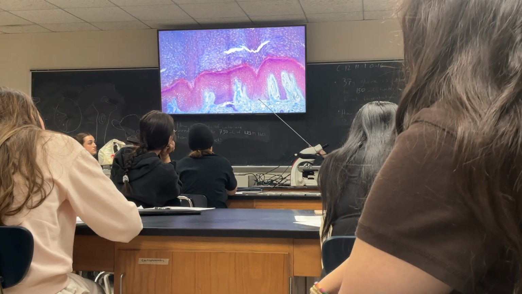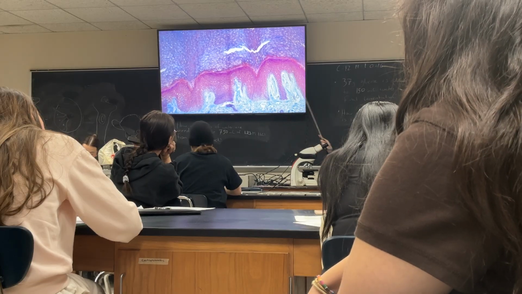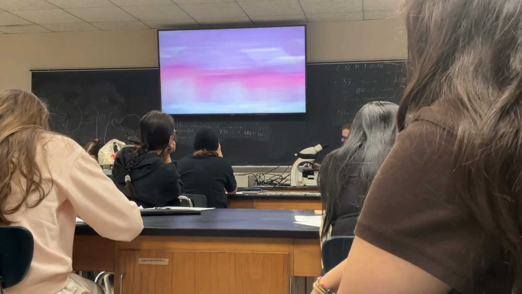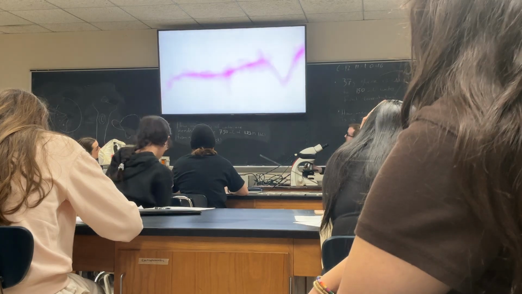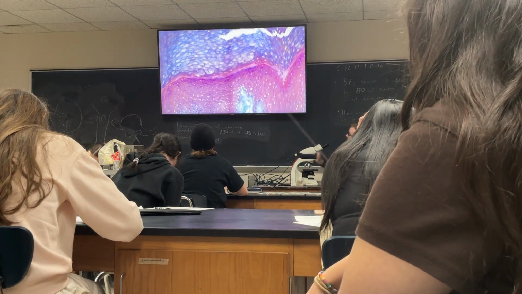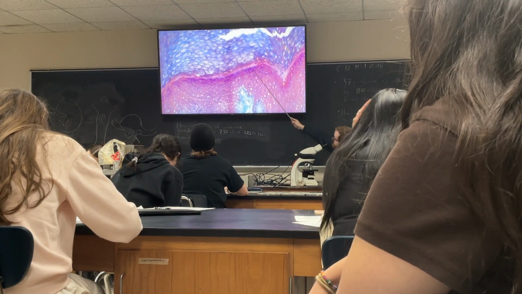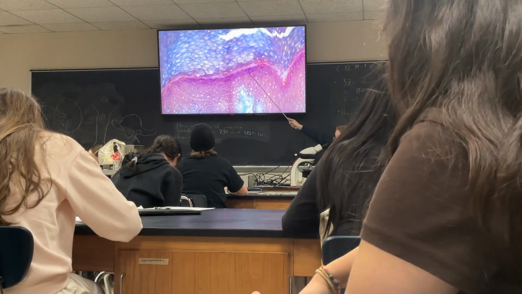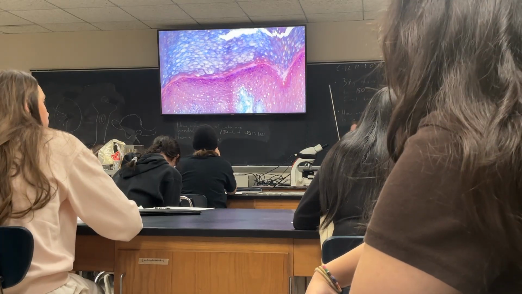Not simple. Stratified, right? Yeah. Okay, especially if you zoom in on stratum granulosum, these cells are a little more flat, a little more disc shaped. Anyway, so that's stratified squamous from last time.